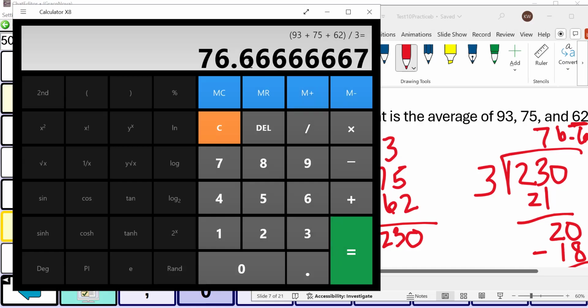And that means 76 with, in this case, we could say remainder of 2, or we could turn that into a fraction, which is 2/3. Your calculator, depending on which calculator you're using, might already do that for you if it's in a certain fraction format. Okay, let's go on to the next problem.